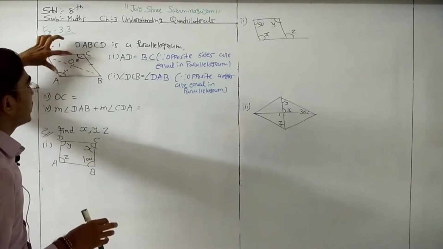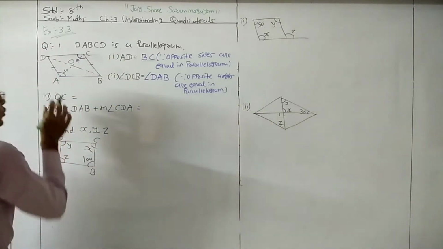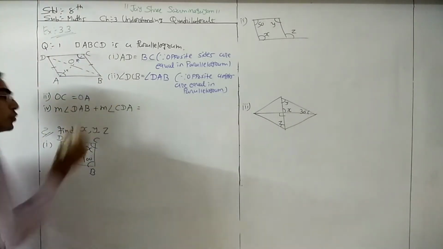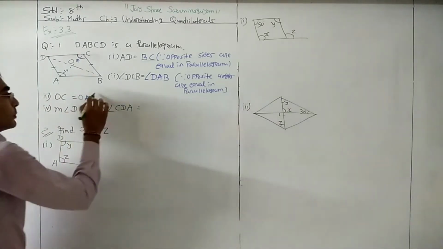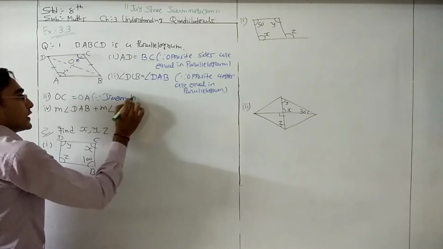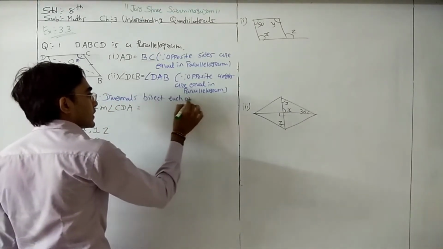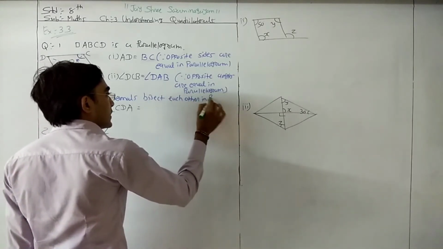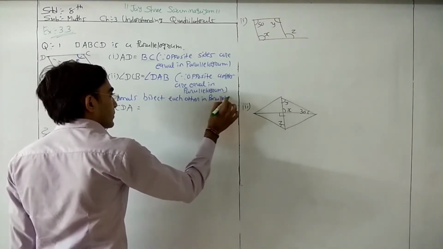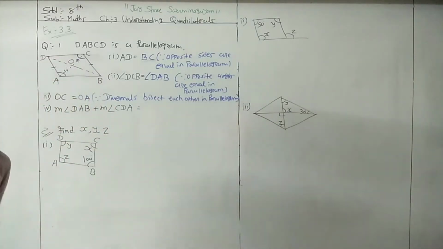That means from this point, these two parts are the same. So OC is equal to OA, because diagonals bisect each other in a parallelogram.